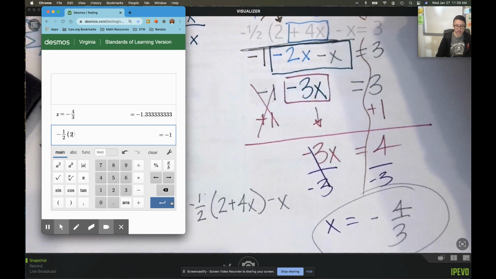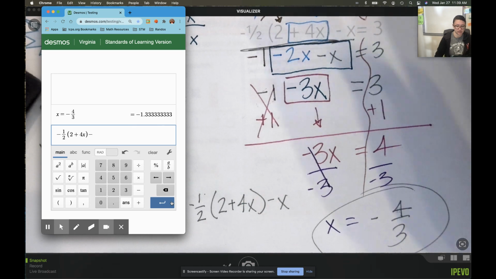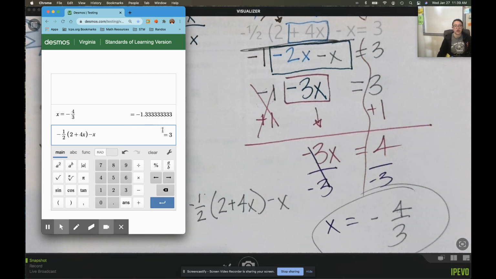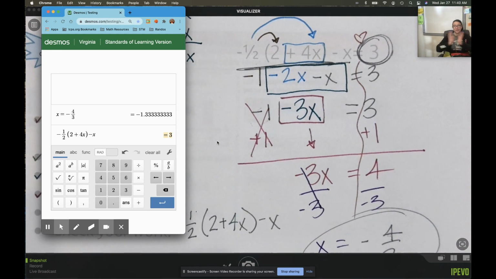On my calculator, I see I get 3. And in my original problem, I got 3. So we are good. Swish buckets.